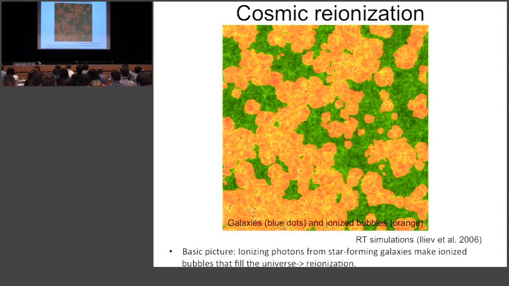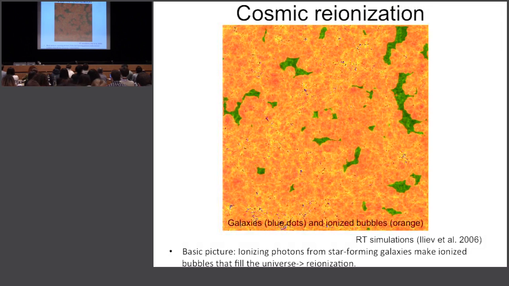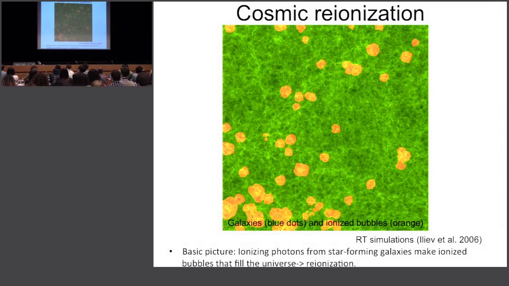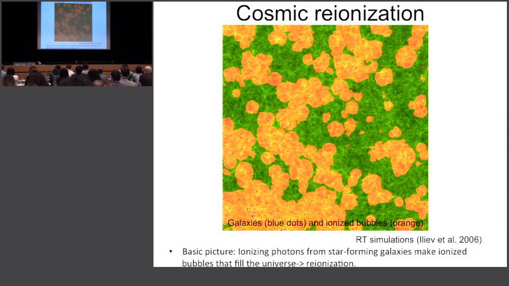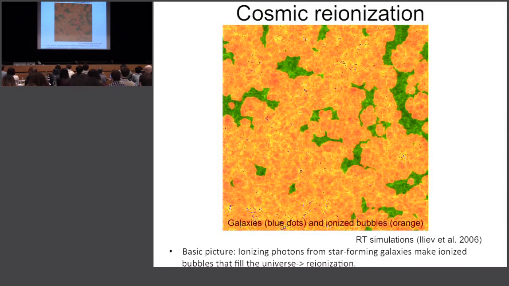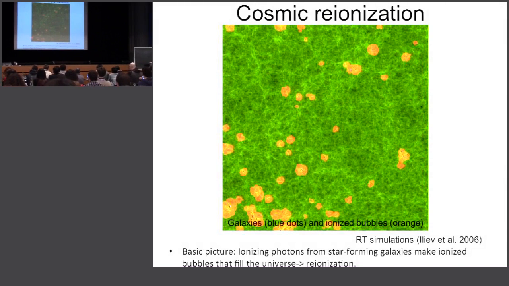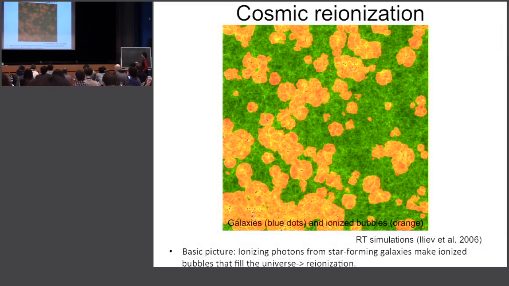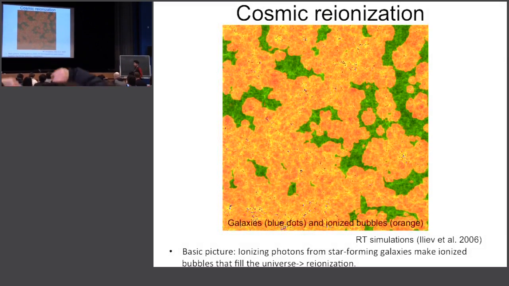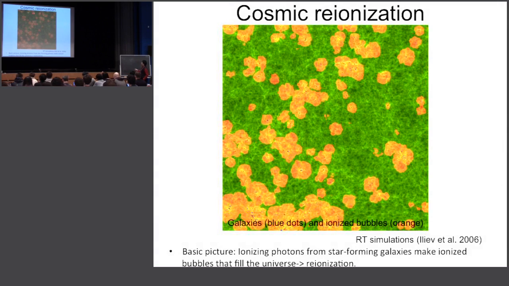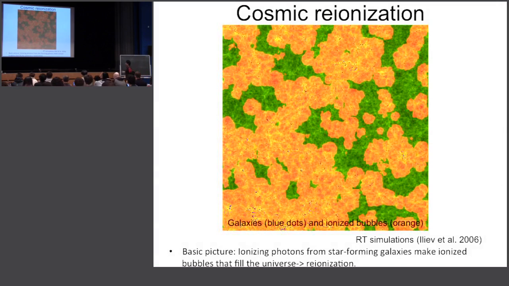And once the galaxies form, these galaxies are shown with the blue dots. They emit ionizing photons by star-forming activities, and then they make the ionized bubbles, or the cosmic H II bubbles, and then these bubbles get big and they merge, and then the universe is ionized.